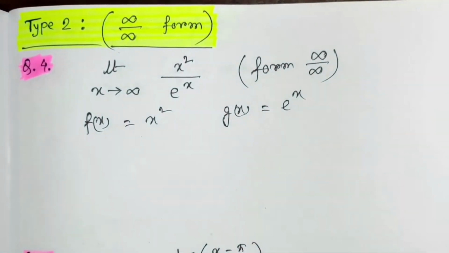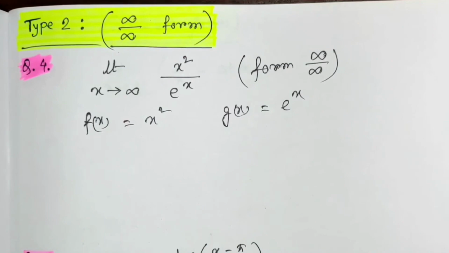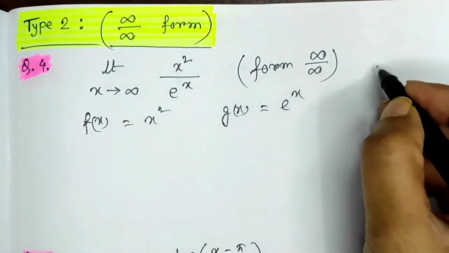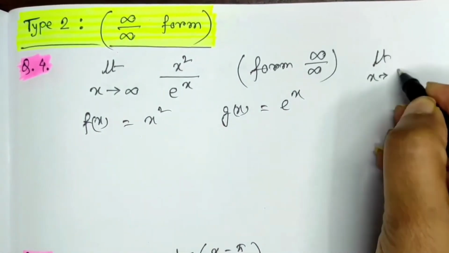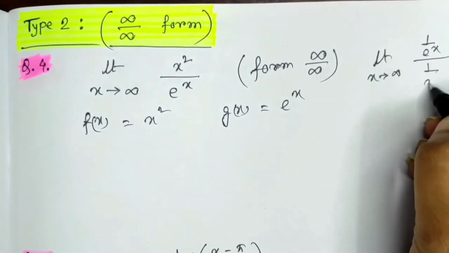So this one is in the form infinity by infinity, and if the form is infinity by infinity, then easily we can convert it into the form of 0 by 0. Just write this as the limit x tends to infinity of 1 upon e to the power x divided by 1 upon x square.